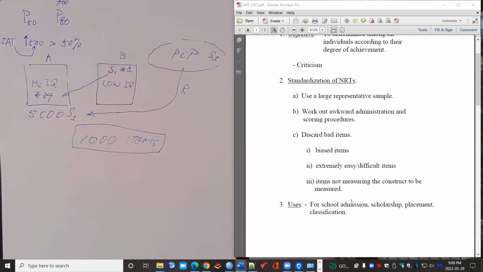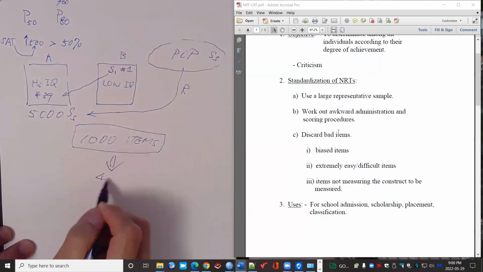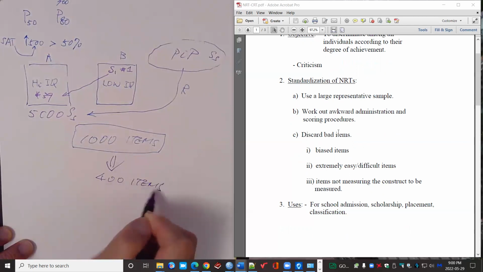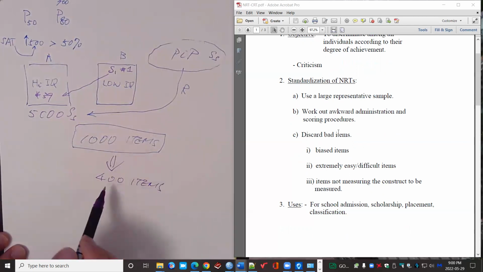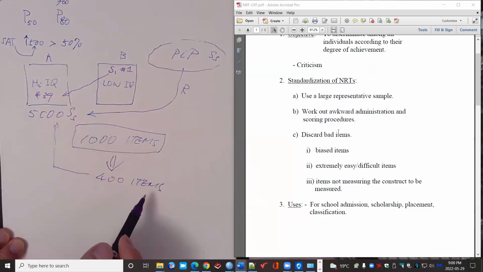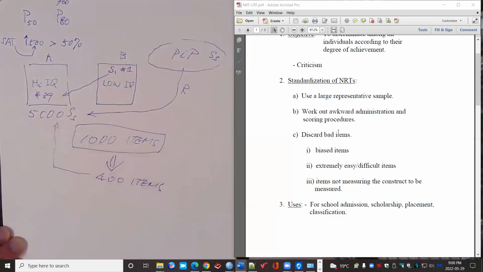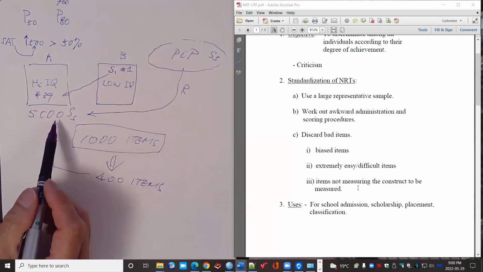All right. So after we have discarded the bad items, say we have 400 items remaining. We administer these 400 items again to the norm group, because some items are bad but we can modify them.